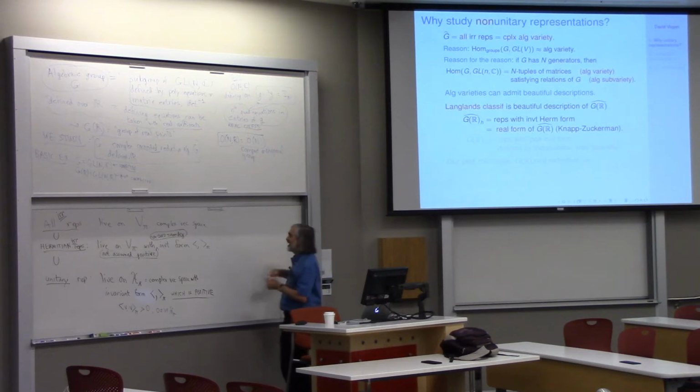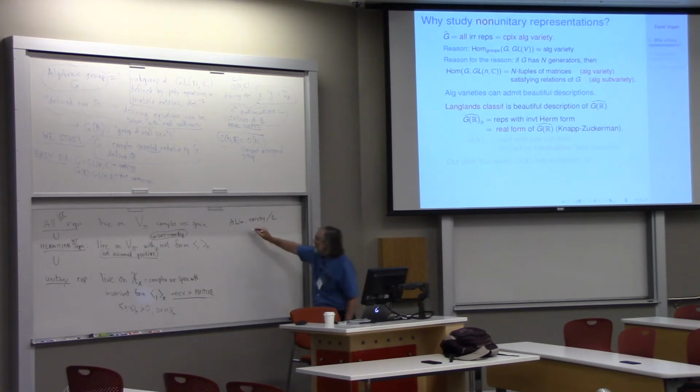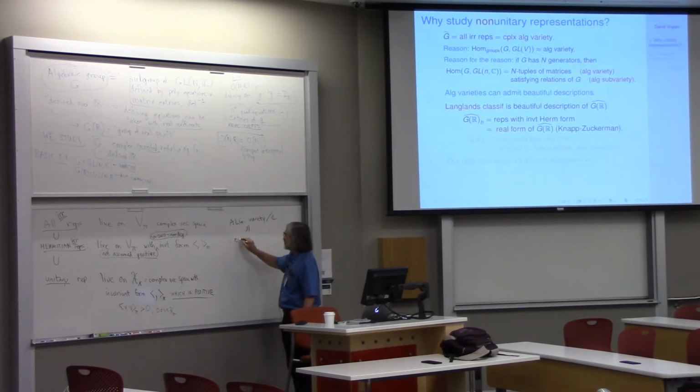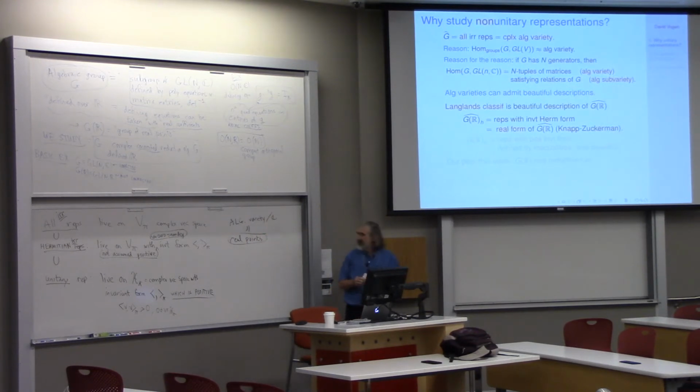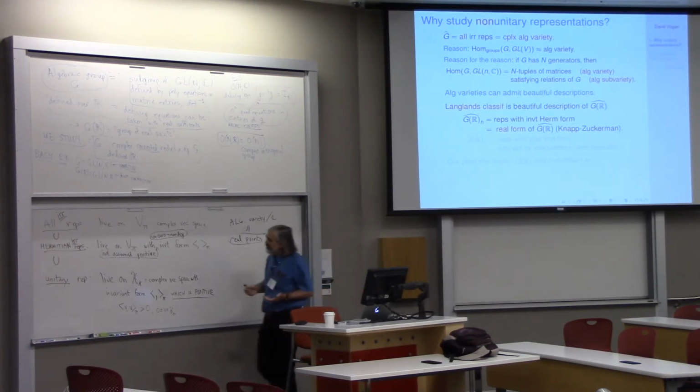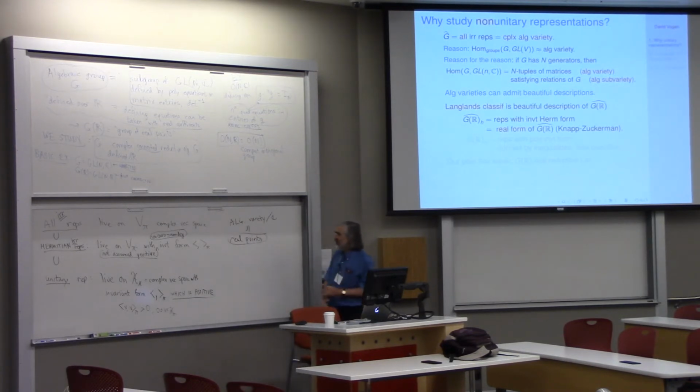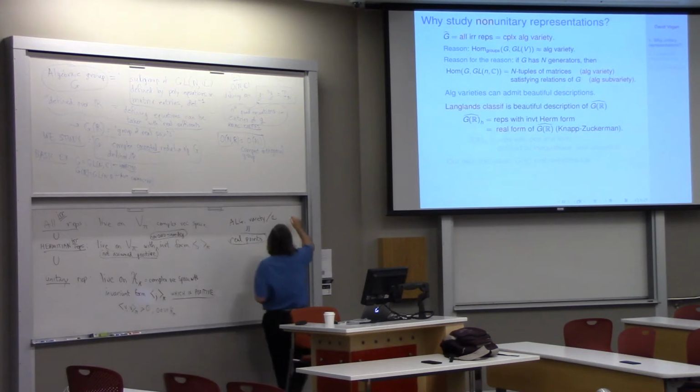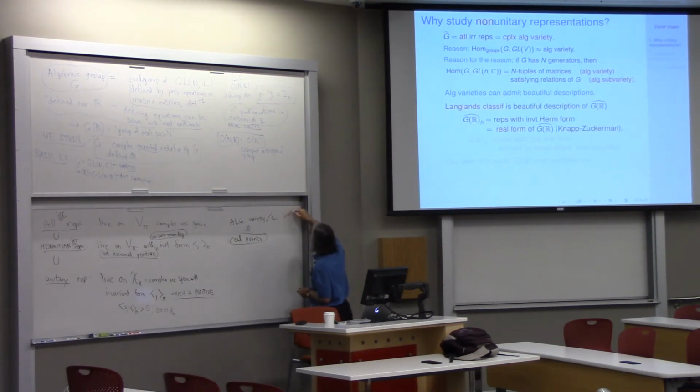What we're going to see is that this first thing looks like an algebraic variety over the complex numbers. This thing is going to look like the real points of such an algebraic variety. So this, well, I would call this beautiful.